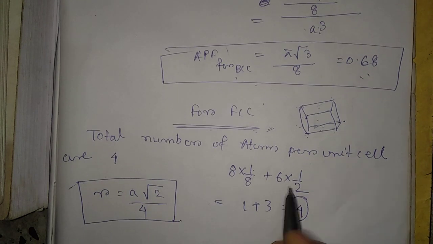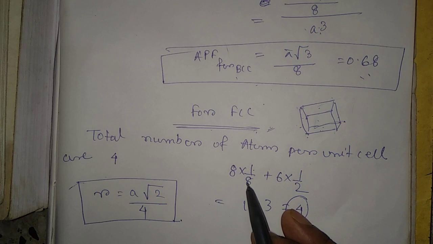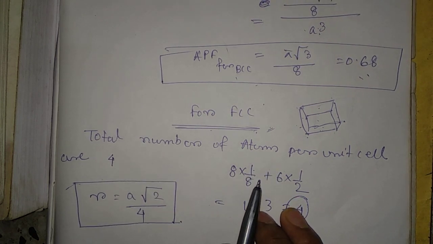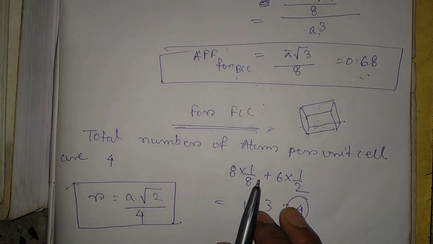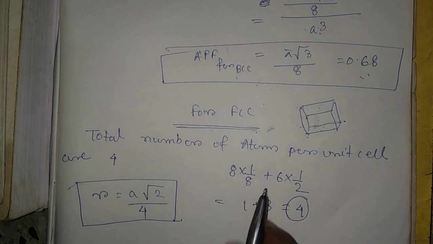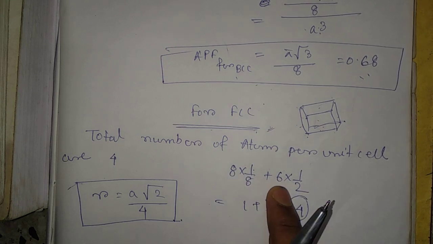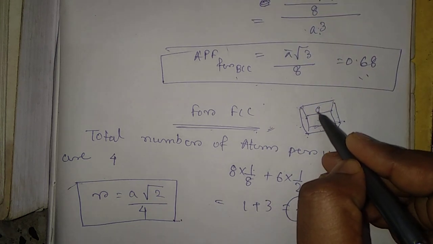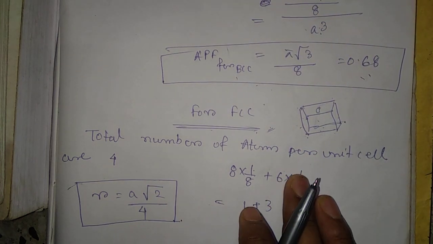How do you calculate it? The 8 corner atoms are shared among 8 corners. So in the case of face centered cubic, they share 8 atoms, 1 in each of its 8 corners. That means 8 into 1 by 8. In addition, there is 1 atom at the center of each face, and there are 6 atoms at the face centers.